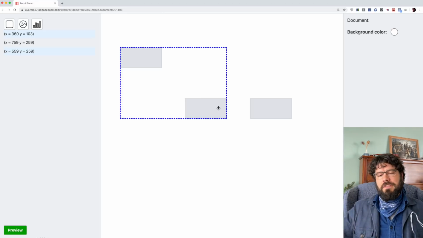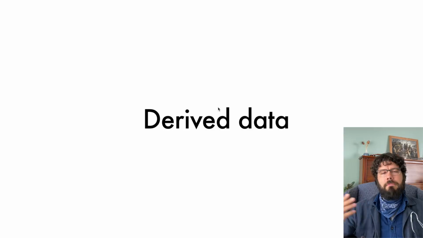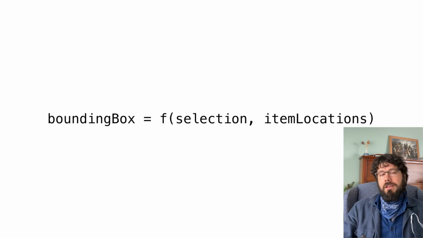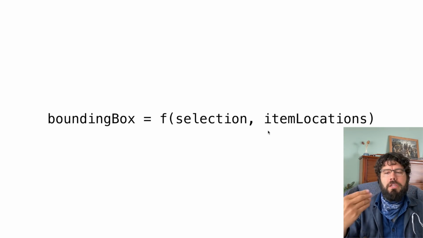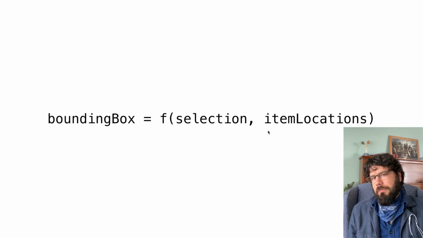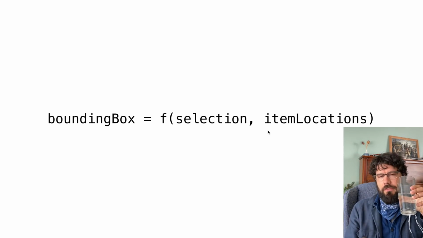You end up with a lot of ceremony around updating your state, and there's a lot of potential for bugs. It would be much better if we just computed the bounding box as a pure function of the things that it depends on. So the bounding box is some function of what things are selected and where those things are. But then the question is, how do we efficiently recompute that function and only recompute it when we need to, as opposed to every time anything changes?